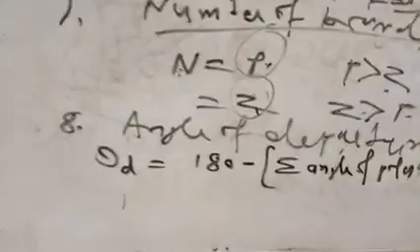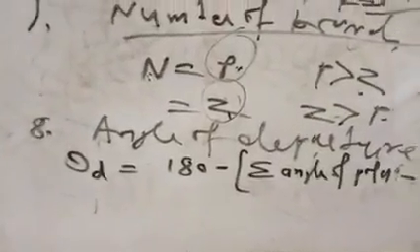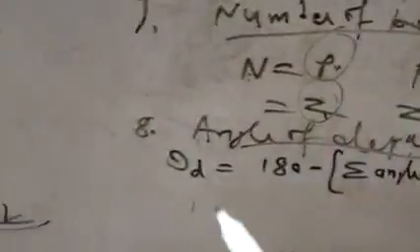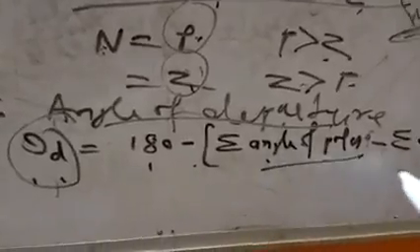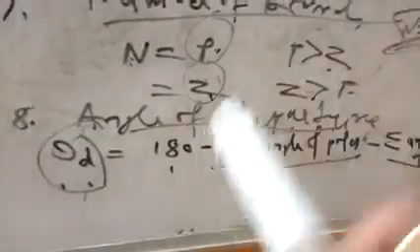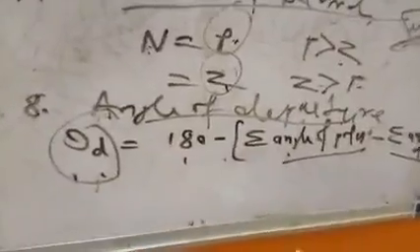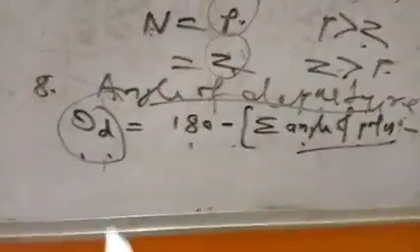So here n is equal to 5 means there are 5 root locus branches. Then angle of departure. The formula for angle of departure is 180 minus summation of angle of poles plus summation of angle of zeros of that point where you want to determine the angle of departure.